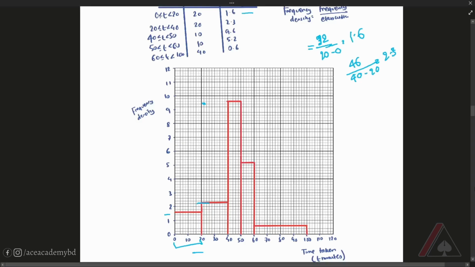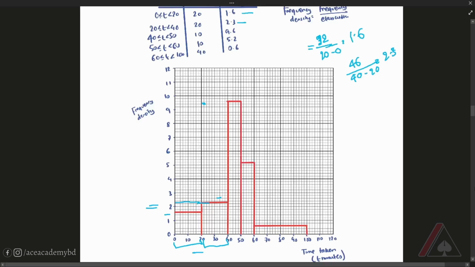So we put 1.6 here. From 20 to 40, our frequency density is 2.3. So we put 2.3 here. This corresponds to 2.3. And we do this for every single value until we have placed all the values.